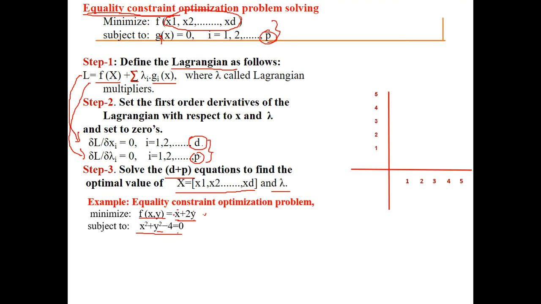Let us try to plot it first. So first you plot this constraint. The constraint is the equation of a circle: x square plus y square is equal to a radius square, 2 square. So it is x, it is y.